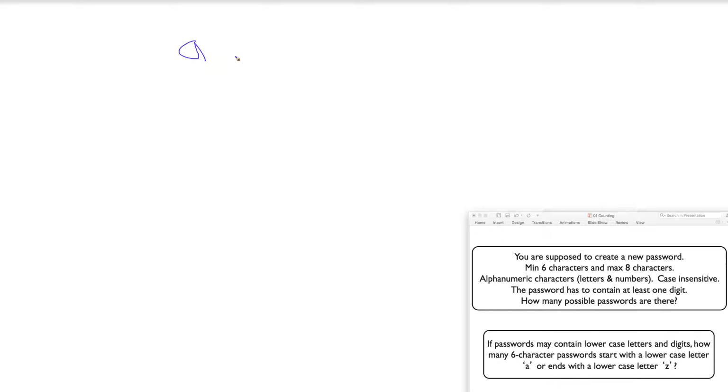If it's A and it's 6 characters, we have 6 slots. Now in this case, because it's again lowercase letters and digits, we have 36 in every possible slot. 26 are for the letters and 10 are for the digits.